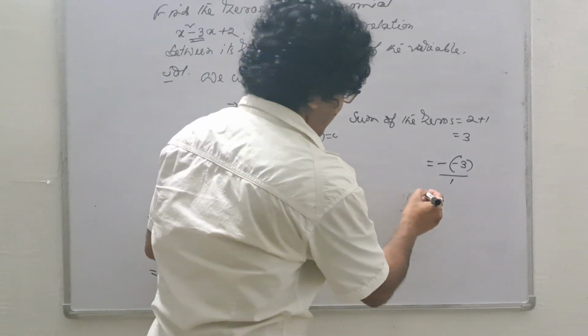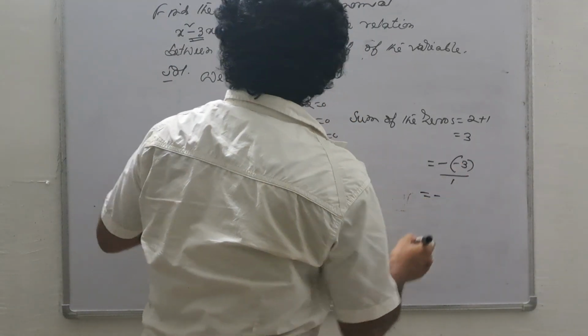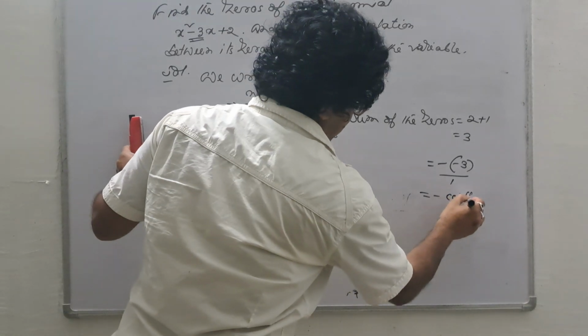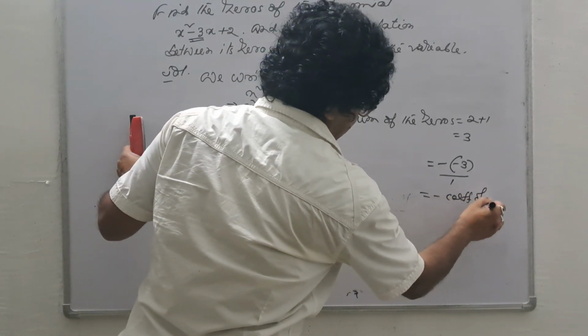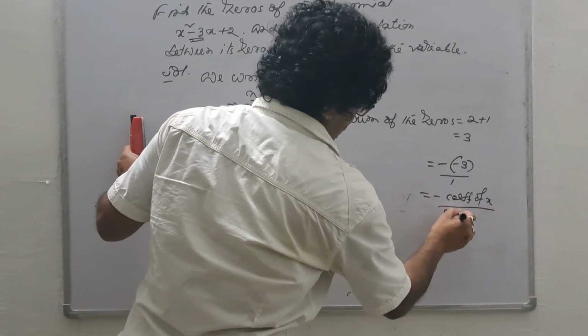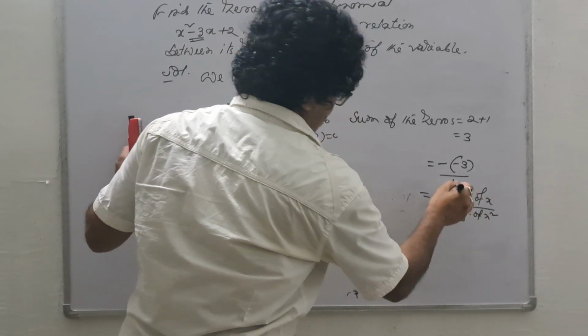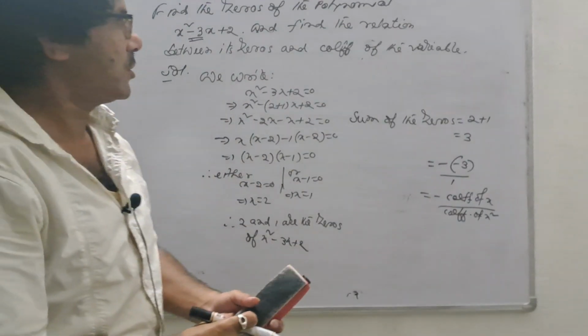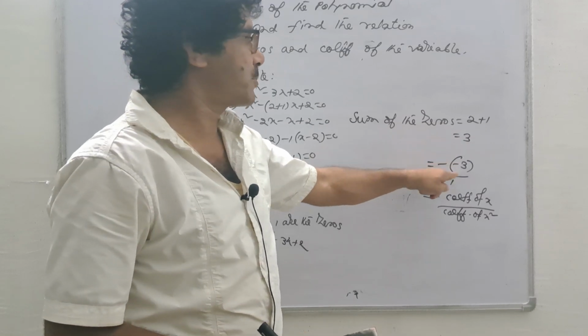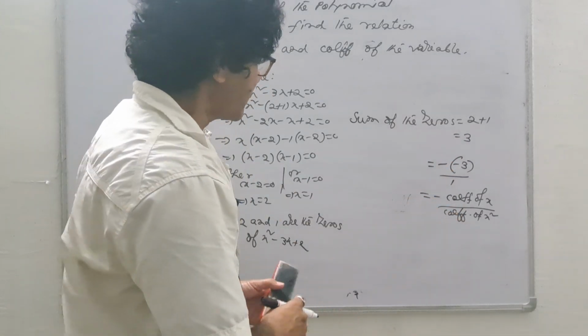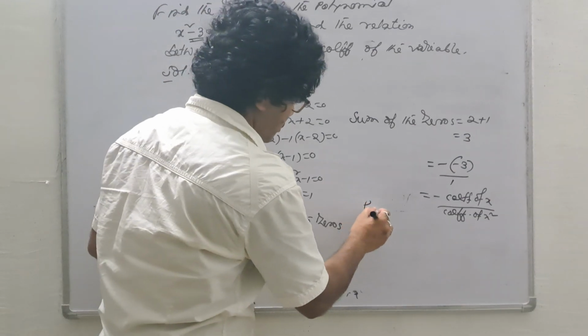And after that you write minus 3 is the coefficient of x, and 1 is the coefficient of x squared. So this should be written in this form. Okay.